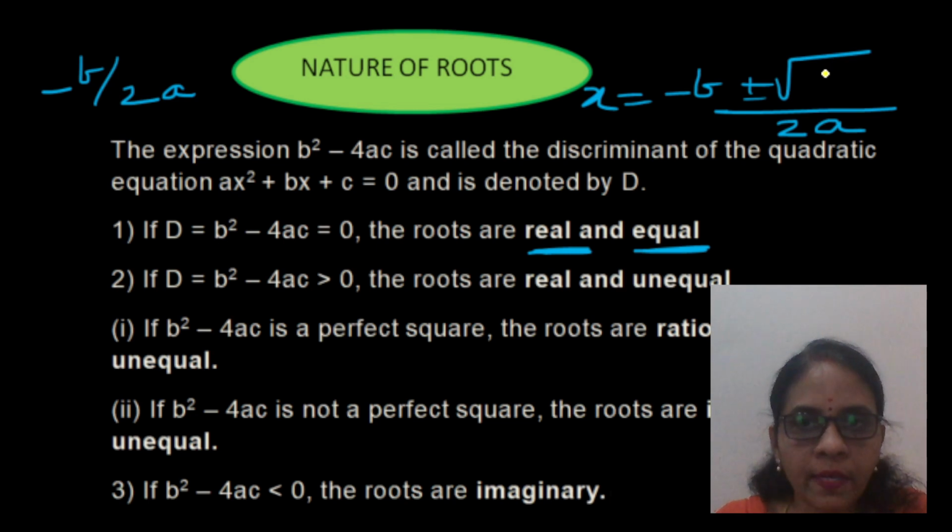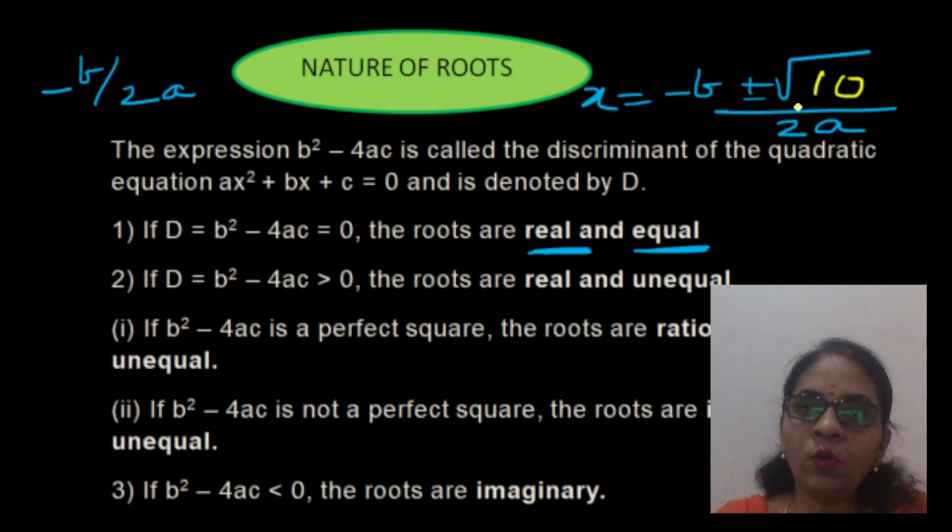Now we'll take a couple of examples. Say, greater than 0, I take it as 10. Can we find the value of root 10? Yes, we can. While solving problems using the formula method, we found the value of root 57 and the value of root 48.